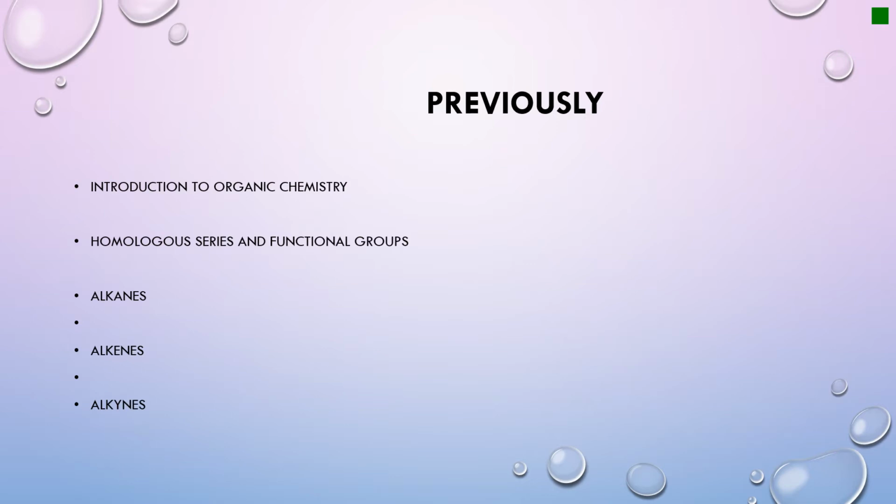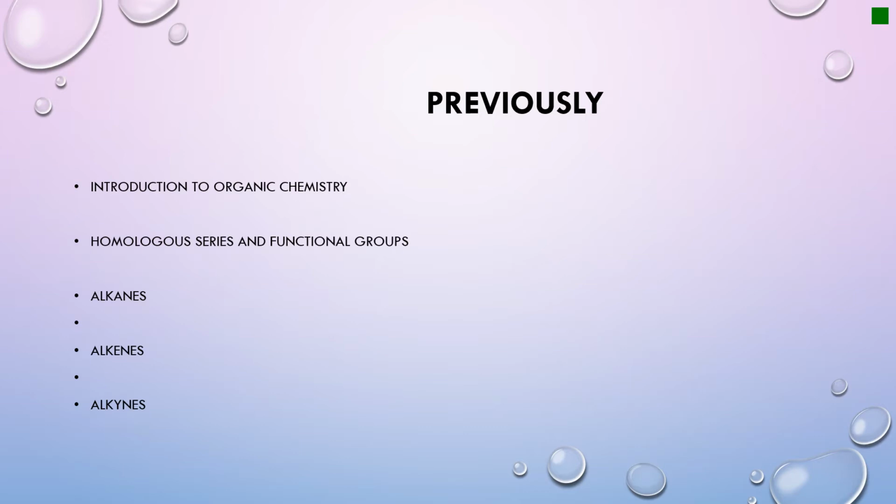We also talked about the functional group, which is an atom or group of atoms responsible for the characteristic reactions of a particular compound. We also talked about the hydrocarbons. Hydrocarbons are organic compounds composed of carbon and hydrogen atoms only. Among these hydrocarbons, we can list alkanes, alkenes, and alkynes. We define alkanes as saturated hydrocarbons which contain hydrogen and carbon atoms linked by single bonds only.